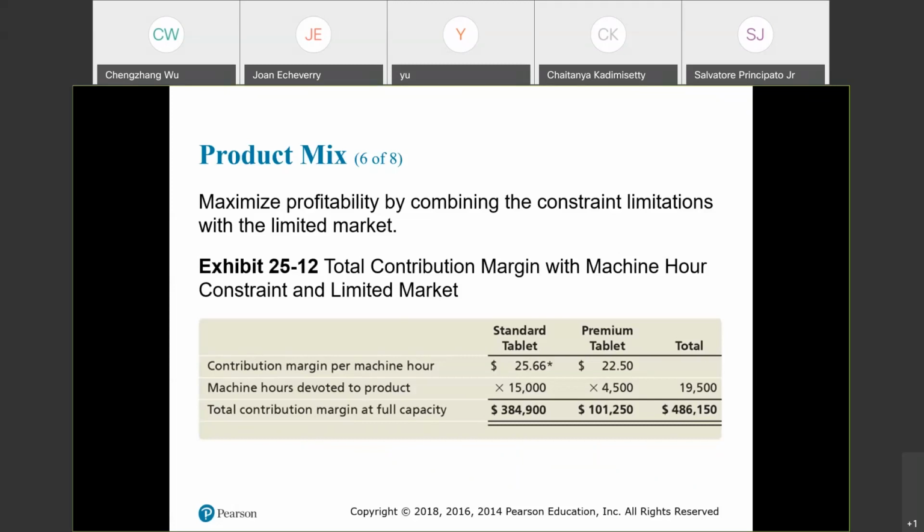And now, because of the competition in the market, it has a new budgeted sales volume decreased to 2,000. Only 2,000.